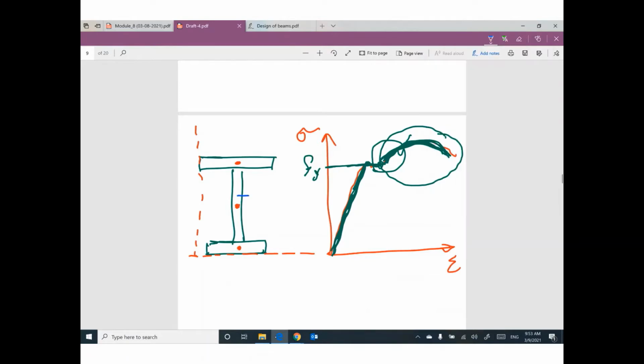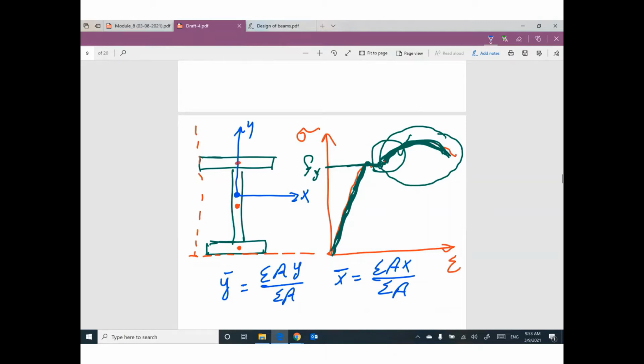For example, it will be here. Here is the x-axis, here is the y-axis, here is the centroid of the whole cross section. We can figure out this value by y bar equals summation of area times y divided by summation of area, and x bar equals summation of area times x divided by summation of area. We learned all of this in engineering mechanics.